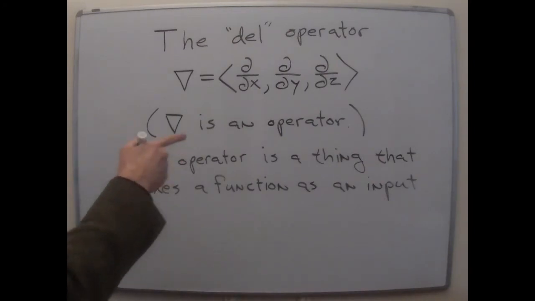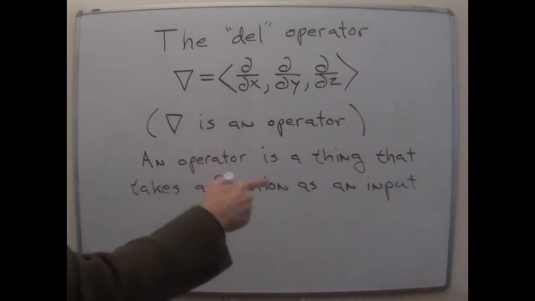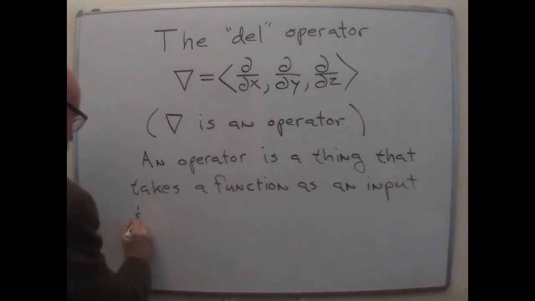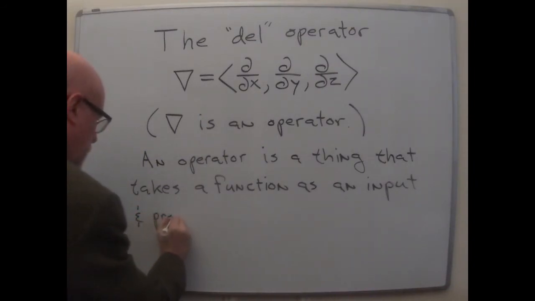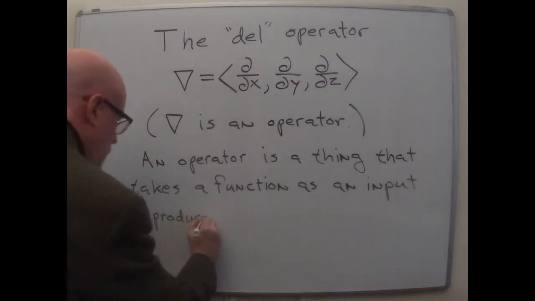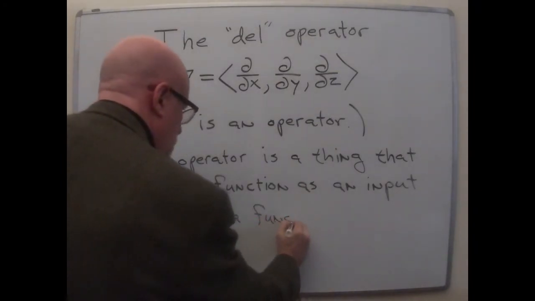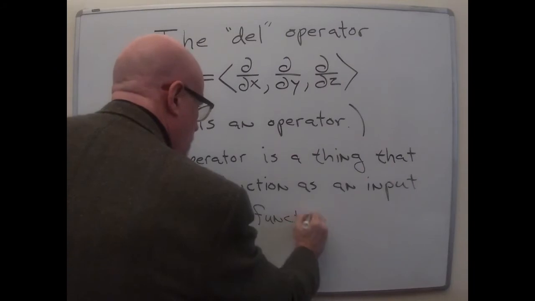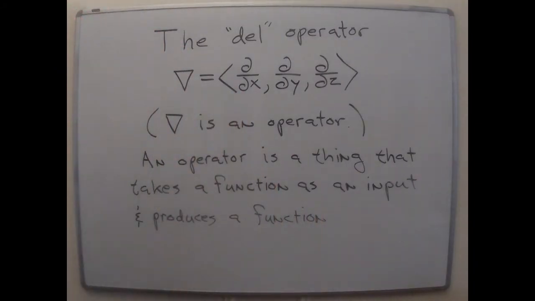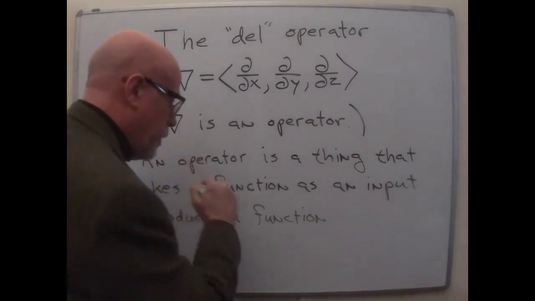An operator is a thing that takes a function as an input and produces a function as an output. Del here can produce some pretty strange functions as outputs, depending on what you apply it to.